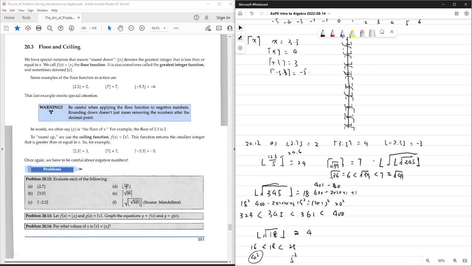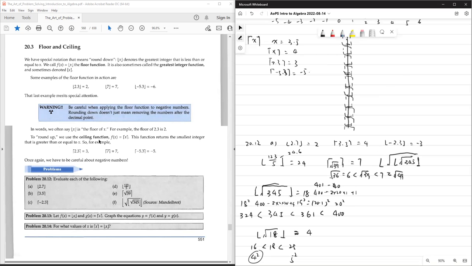Especially given the nature of the floor and ceiling functions, you only need to know the next integer, either the greatest or the smallest. Let me just repeat. The floor function is the greatest integer that's less than the number x.